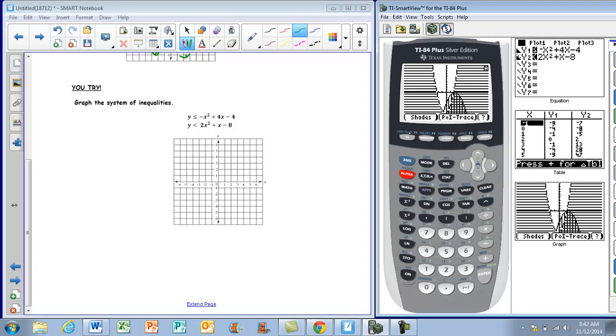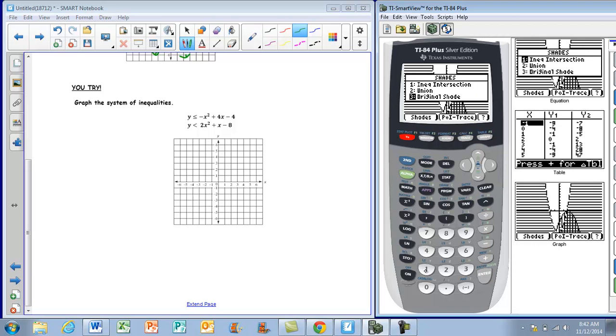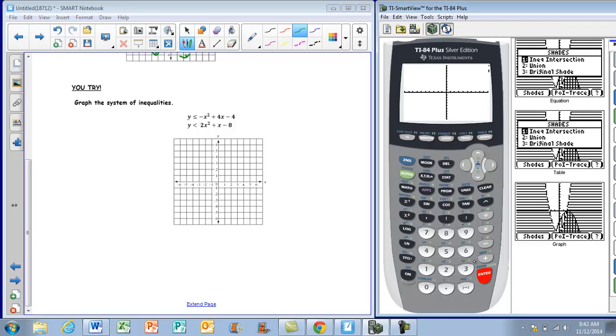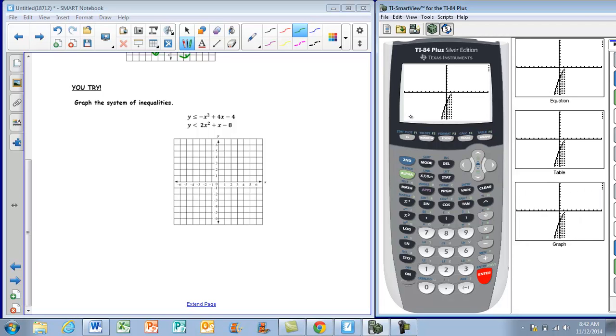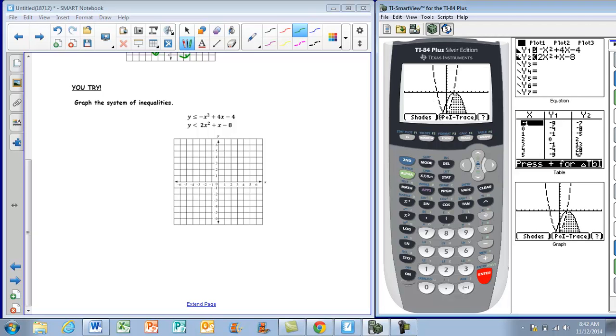So again, if we go to the alpha y equals, we can get rid of the extra shading. And my calculator is moving quite slowly. Yours is probably quicker at this point. So this should be your answer for that second graph.